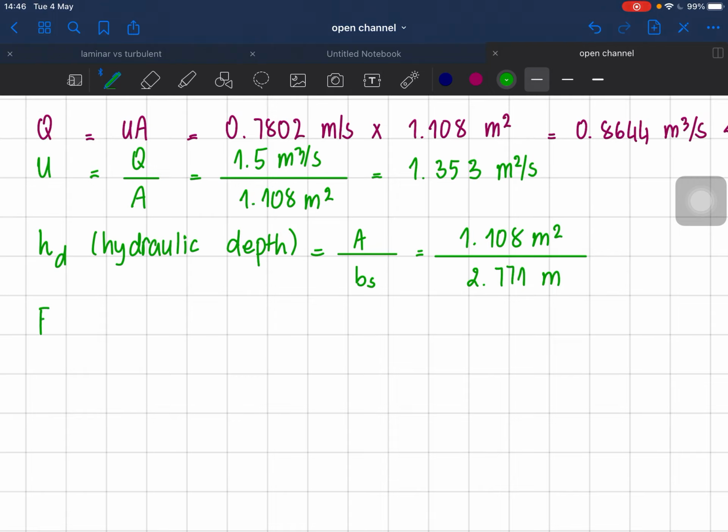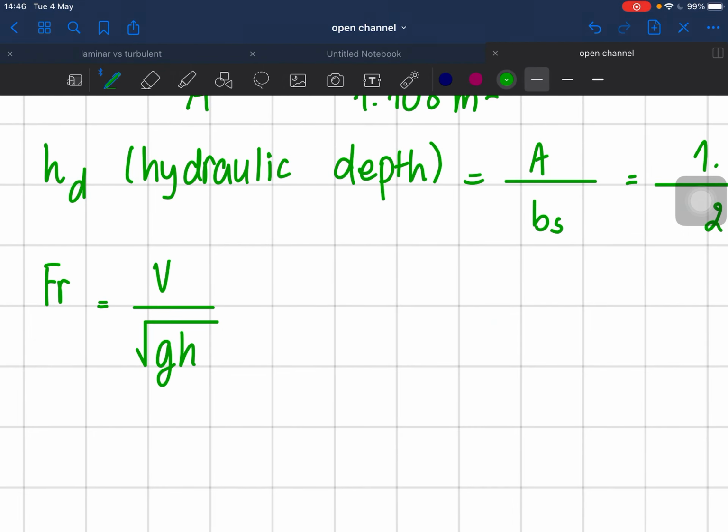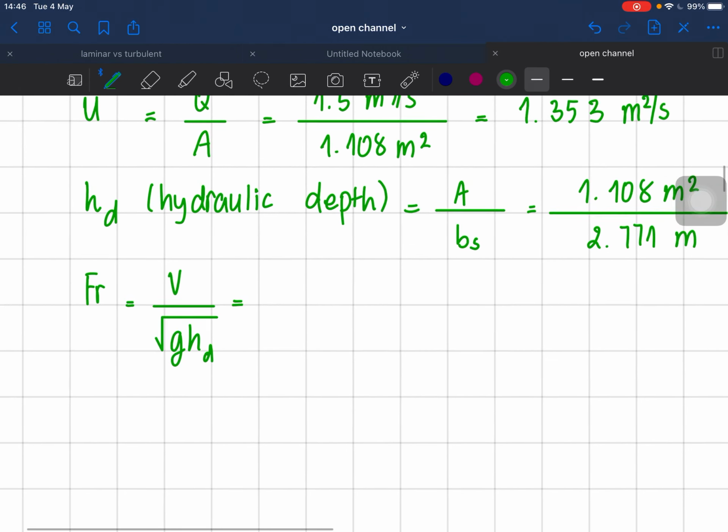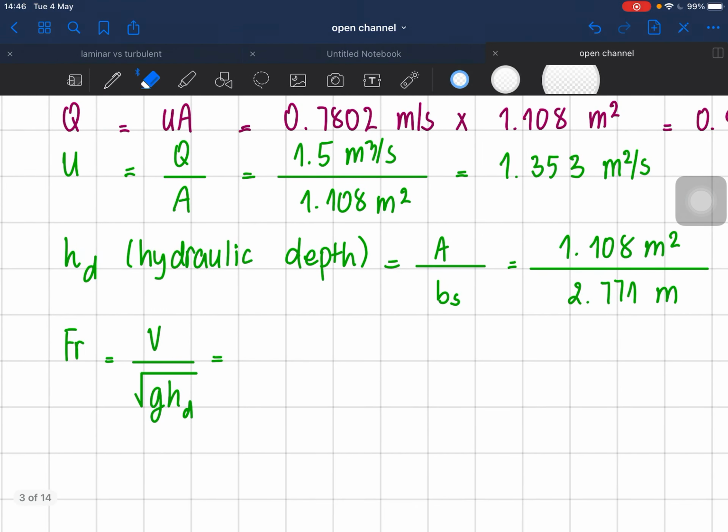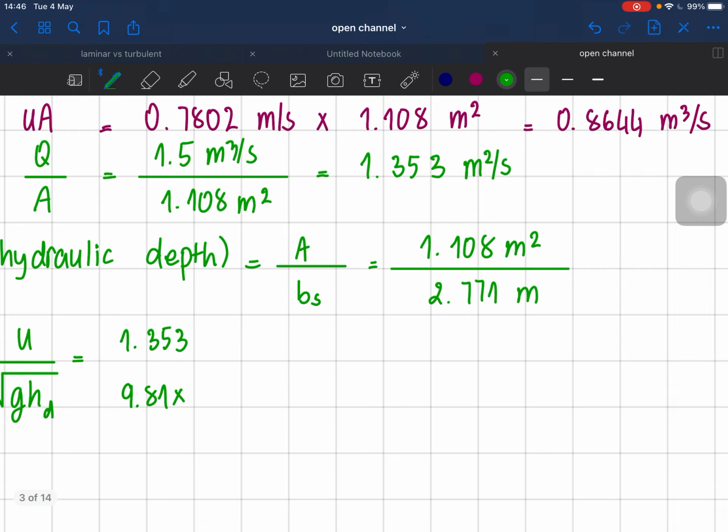The Froude number is FR equals V over square root of G times HD. Everything here that we found, U, velocity, 1.353, and this is 9.81 times, okay, forgot to do this.